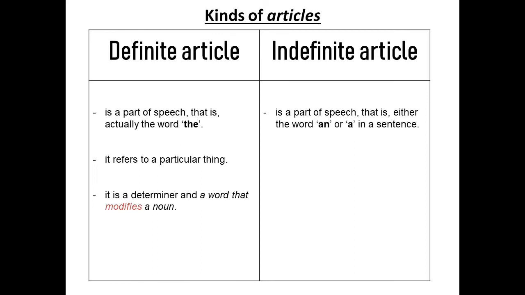An indefinite article is either the words a or an, as in an, which comes before any other word beginning with a vowel.